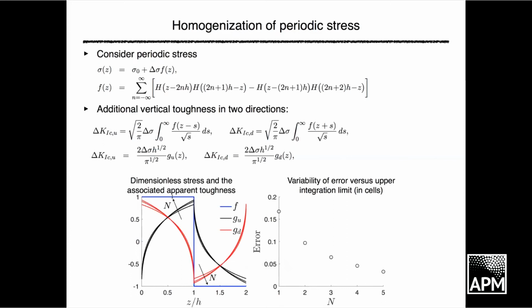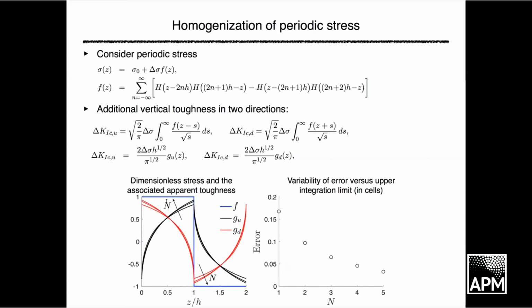So again, the blue line shows your stress, okay? It's one cell, so it's high stress and then low stress, normalized. And these red and black lines show the additional toughness, okay? These dimensionless functions GU and GD, for the fracture growing upwards and downwards, as a function of position along the cell.